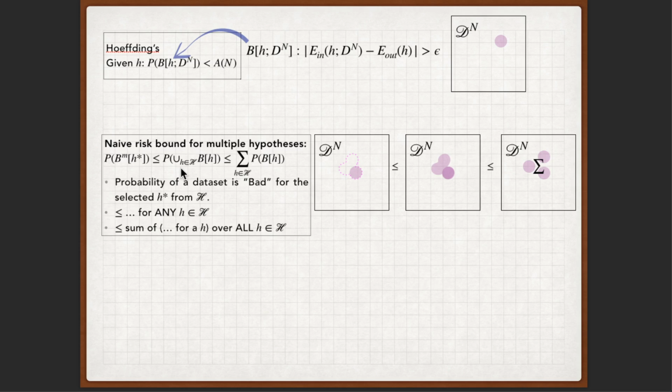So we may want to see, okay, the given data set happens to be bad for the selected H. This probability is upper-bounded. It must be smaller than that of any of the hypotheses within the hypothesis family, any individual one.